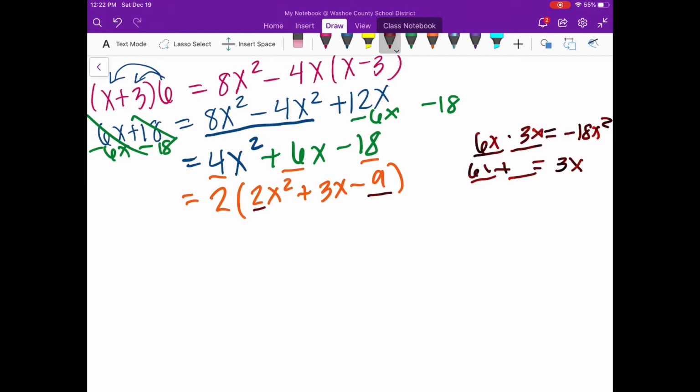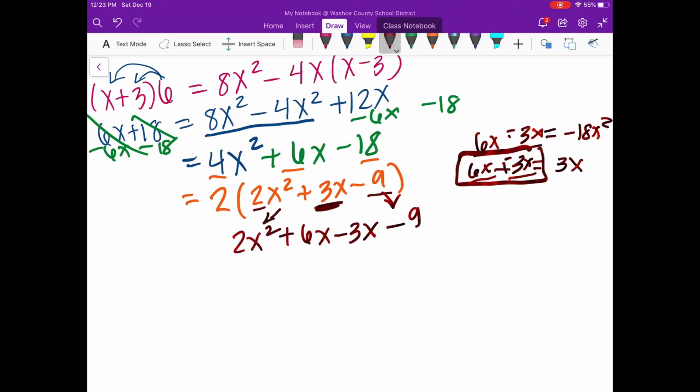So hopefully you're thinking that is 6 and 3, but one of them has to be negative. And so in this case, it's the 3 that needs to be negative in order for my sum to be positive. So you take these factors that you came up with and you replace this with it. So instead of 3x, I'm actually writing 6x minus 3x, and then bring down the negative 9, bring down the 2x squared. This is called factor by grouping. And again, if you are having trouble with that, let us know.